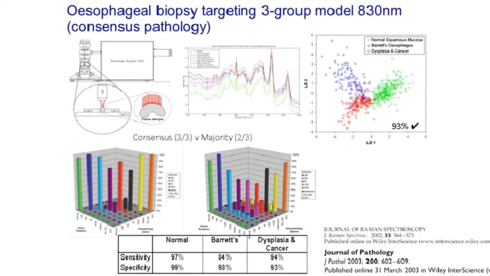Now, if we move to the bar charts, the one on the left is basically demonstrating how well we can separate all the pathology groups in the esophagus. And you'll see that this is pretty effective, although there is some small crossover in some of those bars, and that is using the consensus panel pathology opinion. Now, the next bar chart to the right of that is using the majority opinion, where 2 of the 3 pathologists agree, but one of them disagrees.